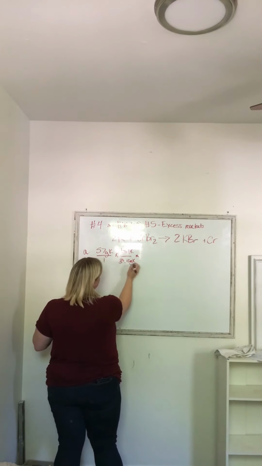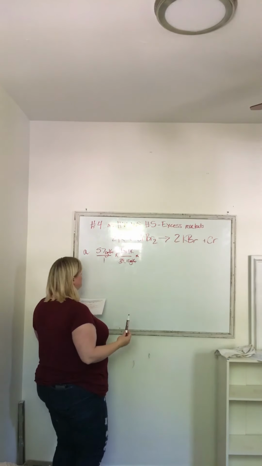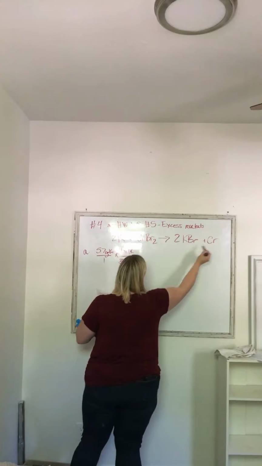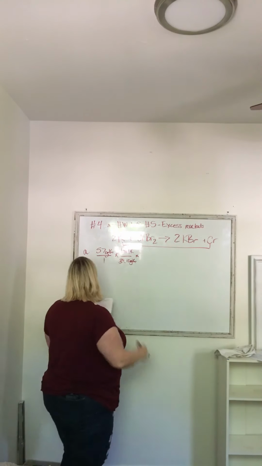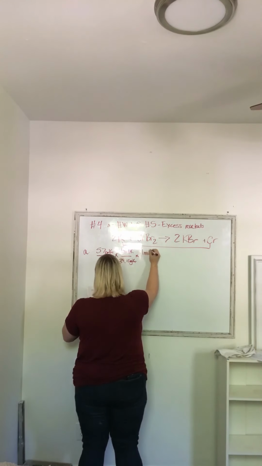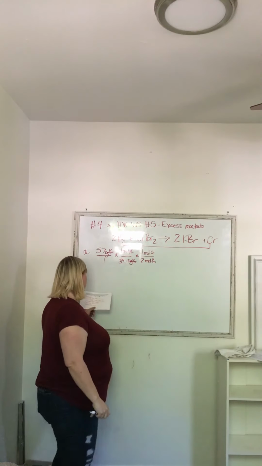Okay, our grams of potassium can cross off. Now we're going to use our mole ratio of potassium and chromium, because this is what we're looking at right there. Okay, which is 2 to 1. So we have 1 mole of the chromium for every 2 moles of the potassium. Now our moles of potassium cross off.